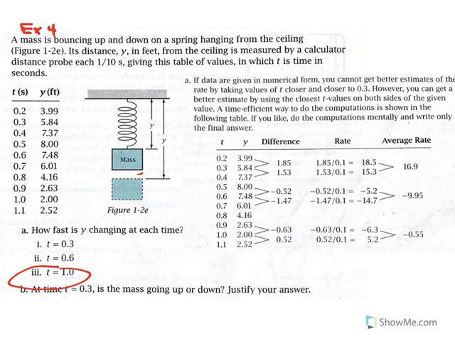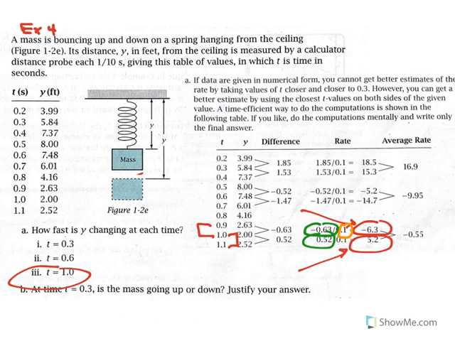We are finding the average rate of change on the time interval from 0.9 to 1.0 seconds, and then we're finding the average rate of change on the time interval from 1.0 to 1.1 seconds. Both of these are average rates of change measured in feet per second. So this is the change in distance divided by the change in time.